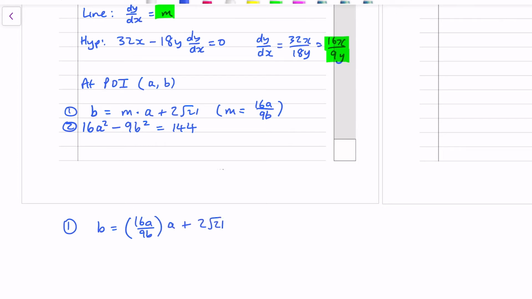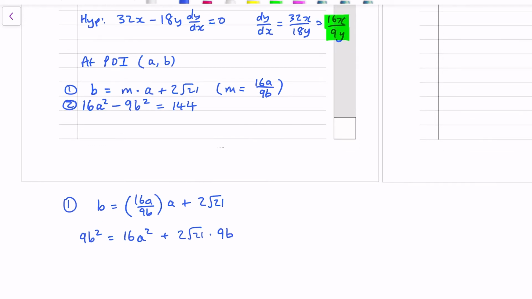And times through by 9b. Alrighty. And then look at equation 2. If we rearrange this one, we've got negative 2 root 21 times 9b, 16a squared minus 9b squared, which equals 144 from equation 2.